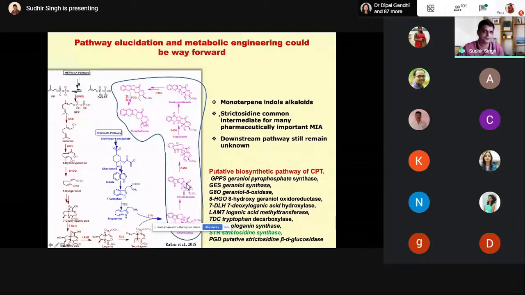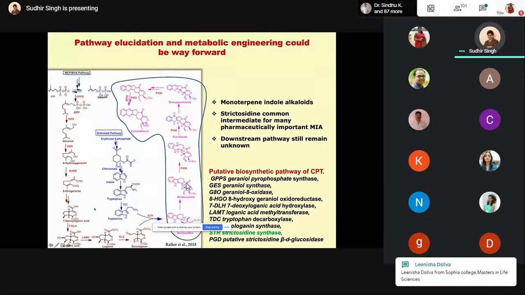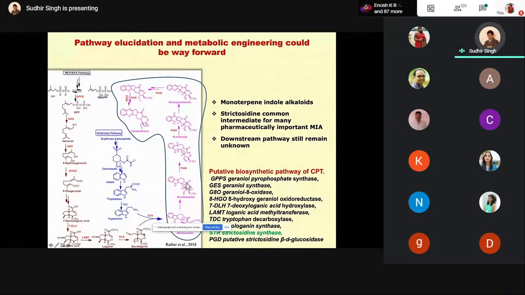Like if you take the case of camptothecin biosynthesis, it is a merging of two pathways that include the MVA pathway and the shikimate pathway. These both are primary pathways. The products of these primary pathways, when combined, one product is tryptamine, and the other is secologanin. So when they merge, they form strictosidine. This strictosidine is a precursor for an array of secondary metabolites, not just camptothecin.